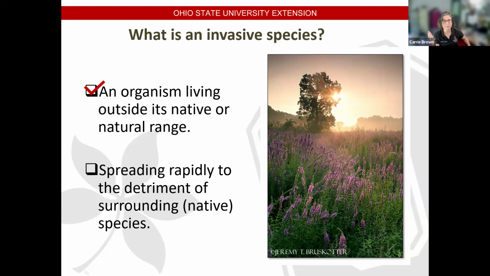Alternatively, many of the plants in the nursery trade may be living outside of their natural range, but they're not spreading rapidly to the detriment of other species. That's the other criteria that needs to be met. They're not staying put, they're escaping, and they are competing with or outcompeting the native species within those environments.